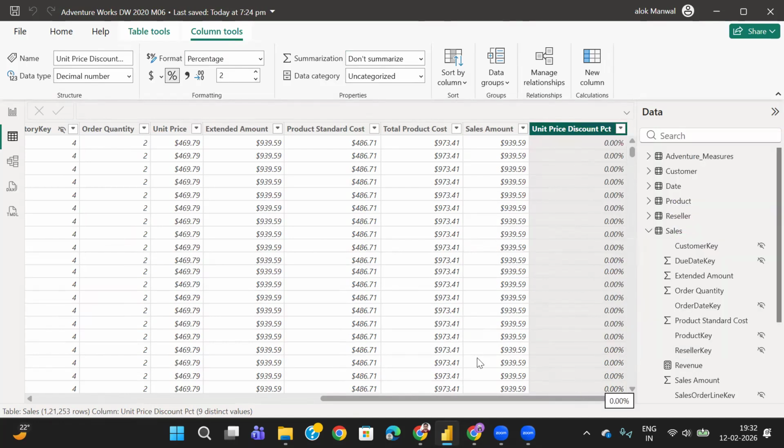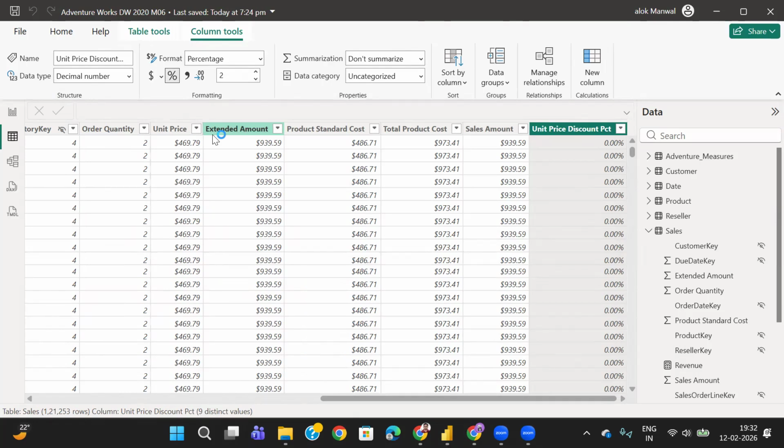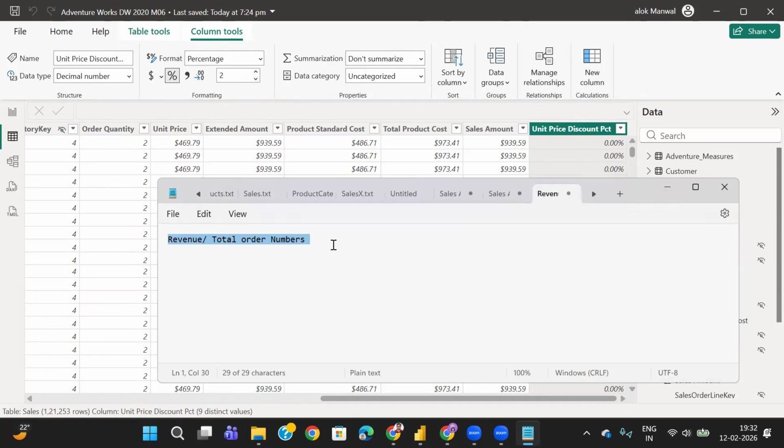So let's revise our basic concepts of maths. Yesterday we already discussed unit price.